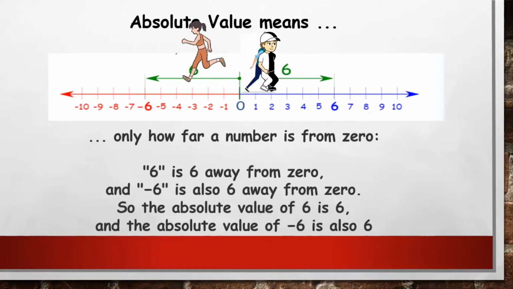So the absolute value of 6 is 6, and the absolute value of minus 6 is also 6, because the absolute value is the distance from the starting point. This is how we can explain the absolute value of any integer.